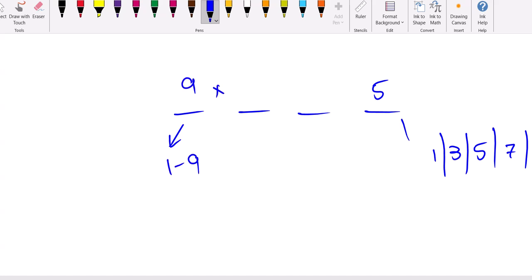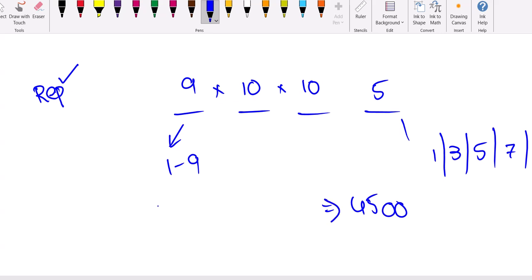Repetition allowed. If I use 9 in the rightmost, again you can use 9 in the leftmost because repetition is allowed. Now here 10 into 10. Repetition allowed, I can use 0 to 9 all those. This is equal to 4500 minus 1 because they asked in the question between 1000 and 9999.